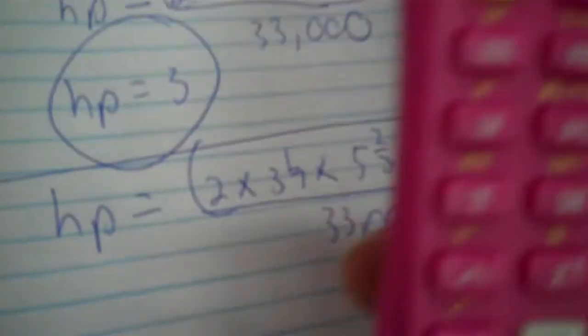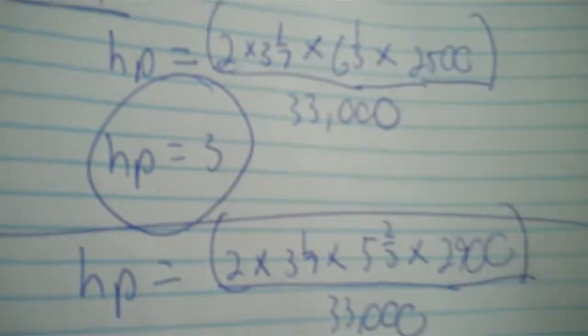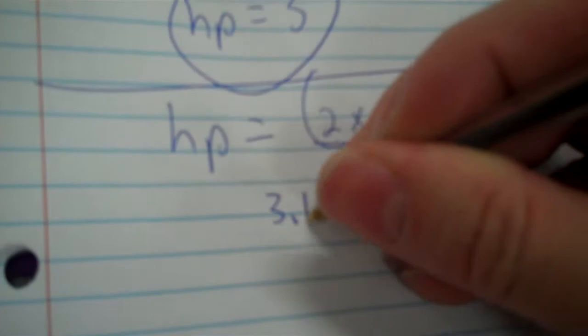Okay, and I get that, then I'm going to divide that by 33 grand. Okay, 3.13. Round to the nearest hundredth on that. I know you're supposed to do the fractions and all that, but I mean, let's be real.